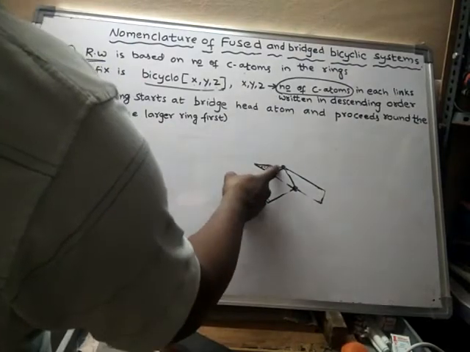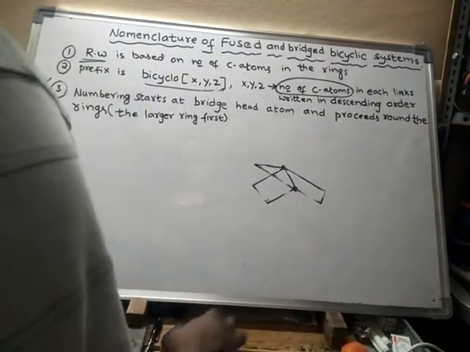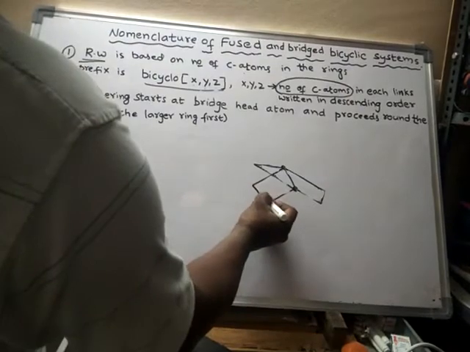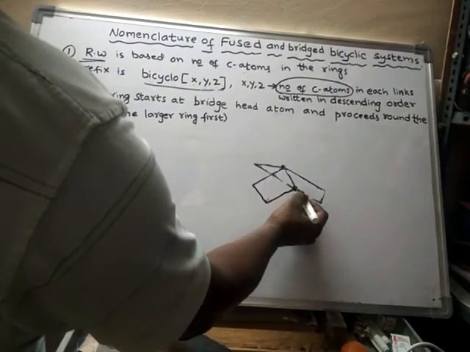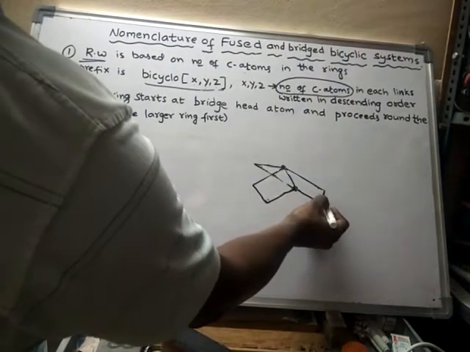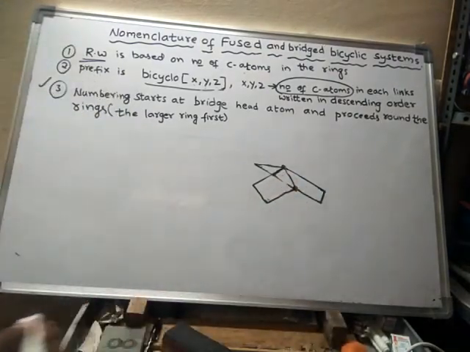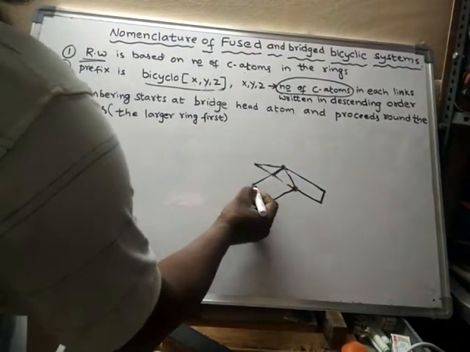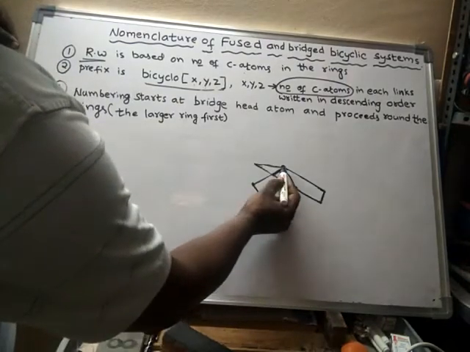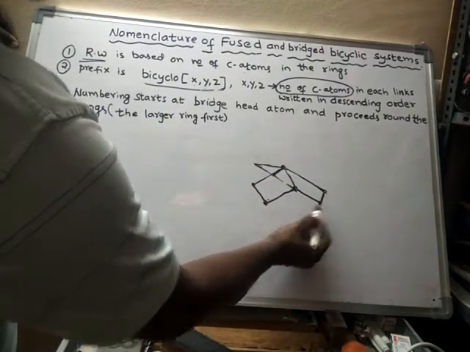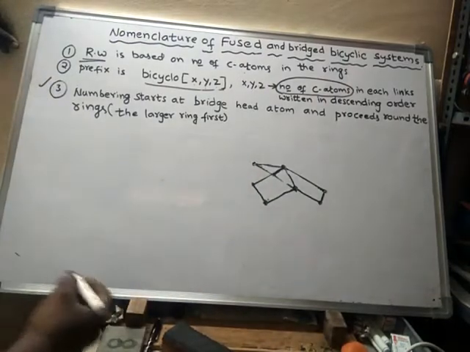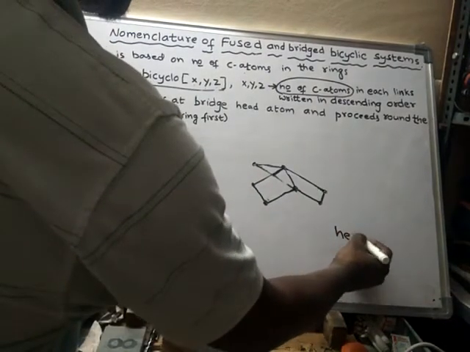Now this is the compound. What is the name of the compound? Altogether count how many carbons there are: 1, 2, 3, 4, 5, 6, and this is 7. So it is heptane.